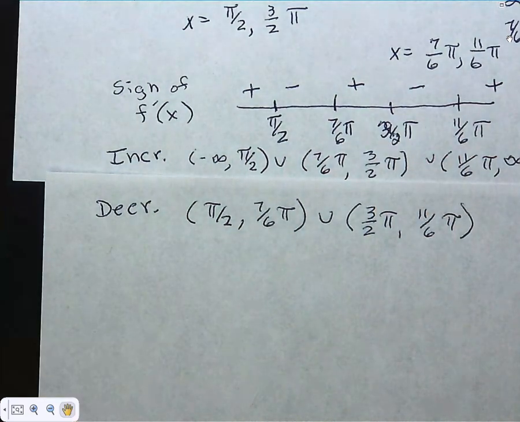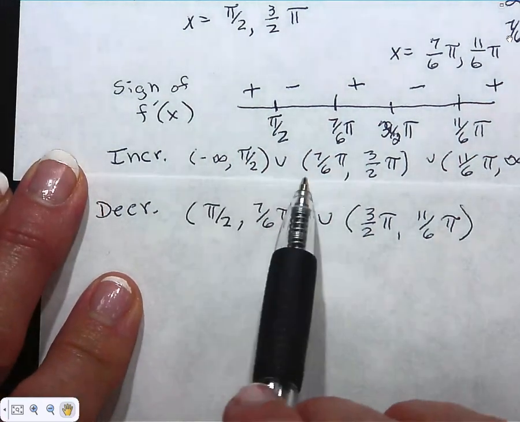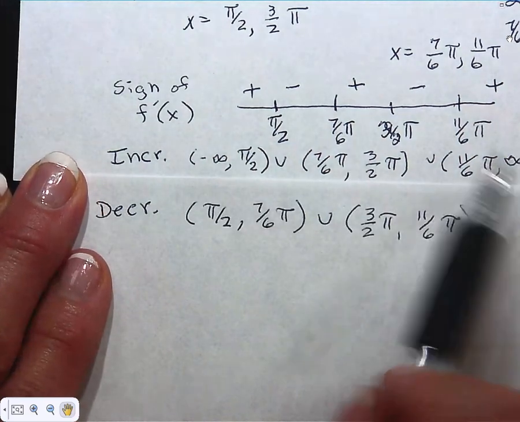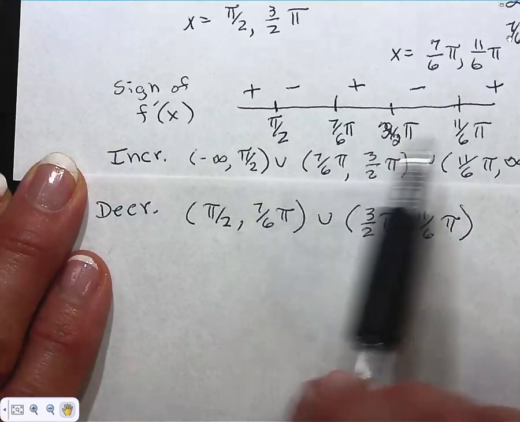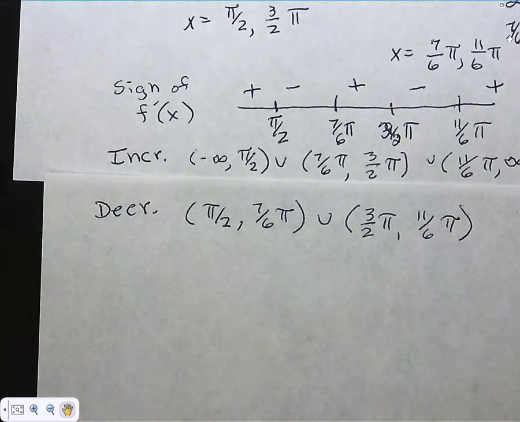Before you tell me what I did wrong, see if I can find it. -infinity to pi over 2, 7/6 pi to 3/2 pi, 11/6 pi to infinity. Decreasing from pi over 2 to 7/6 pi, decreasing from 3/2 pi to 11/6 pi. What? Because it's only going from 0 to 2 pi, you would have negative and positive. You're absolutely right.